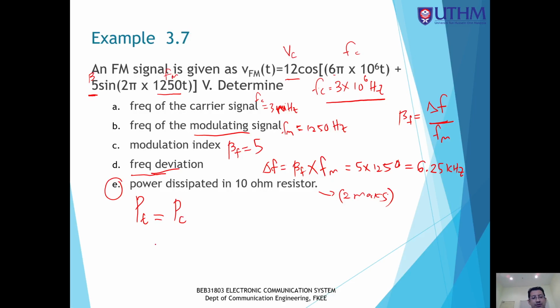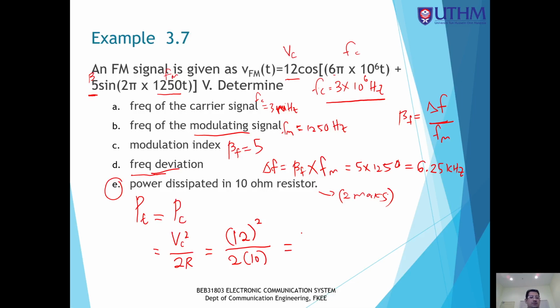So this is equal to VC square divided by 2R. You can get this as 12 volt square, divided by 2 times the resistance, which is 10 ohm.